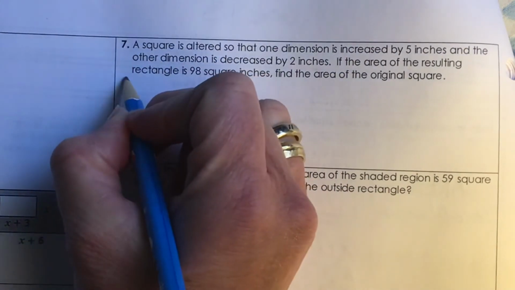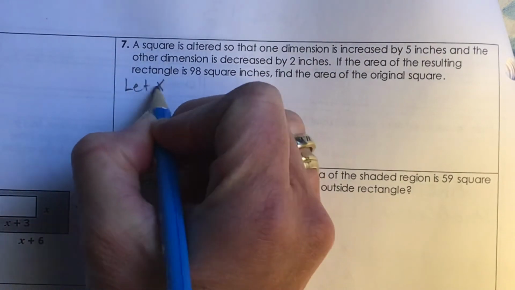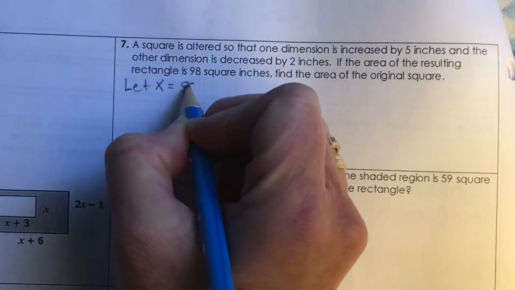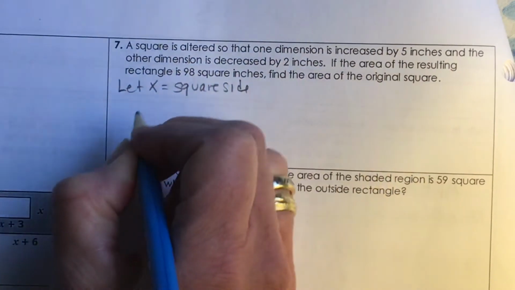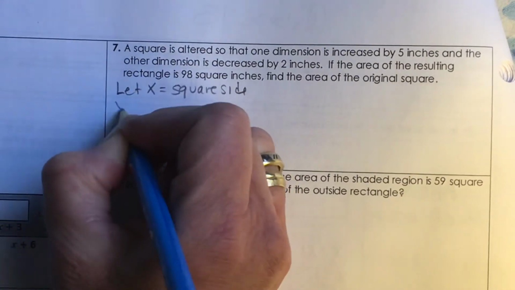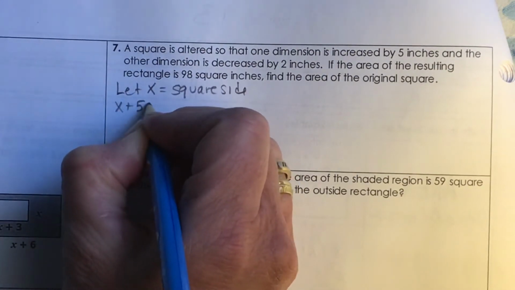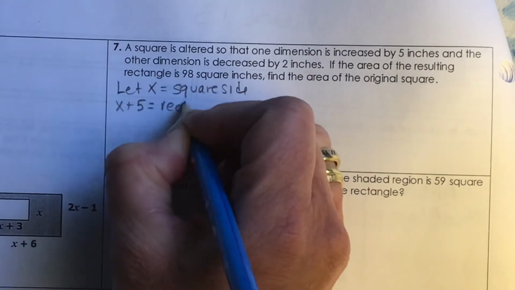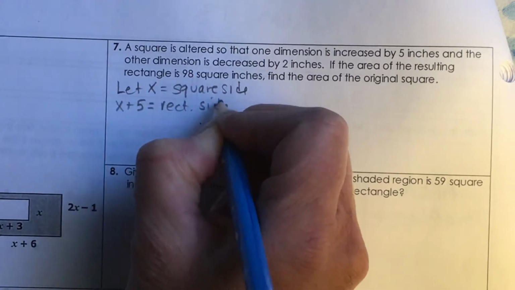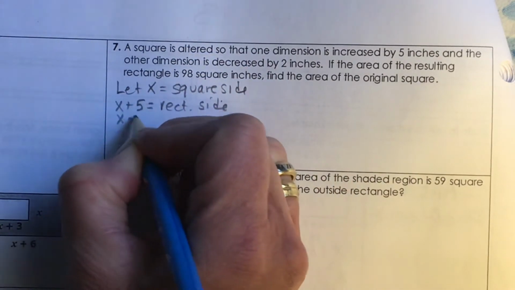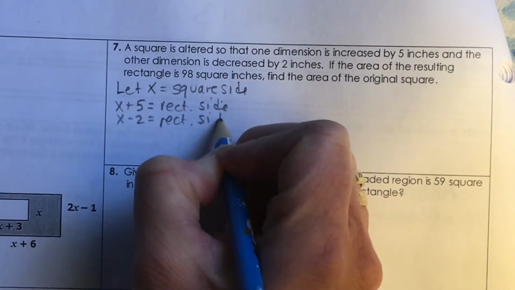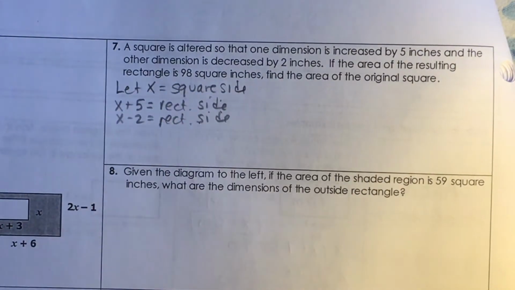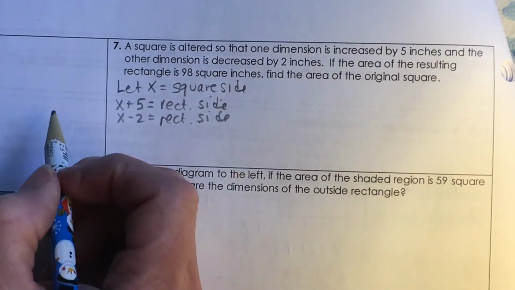So first of all, let's let x equal one of the sides of the square. And let's see, x plus 5 will represent the rectangle side. And then x minus 2 is the other rectangle side. So I'm going to draw a picture of this now.